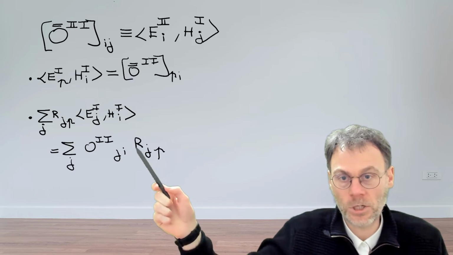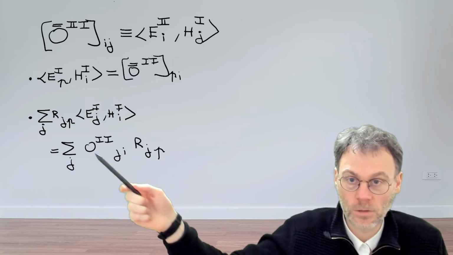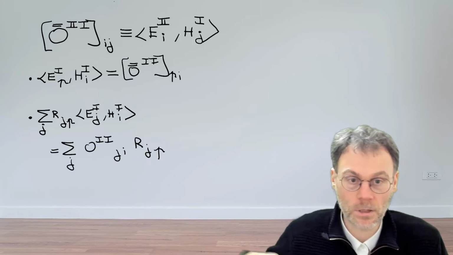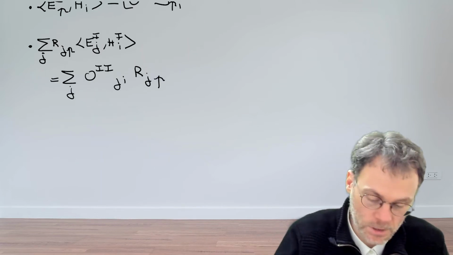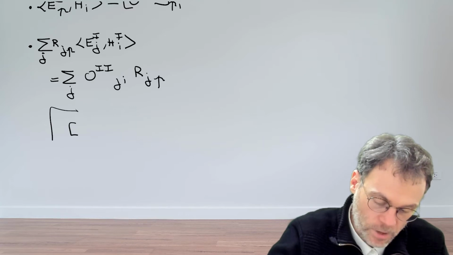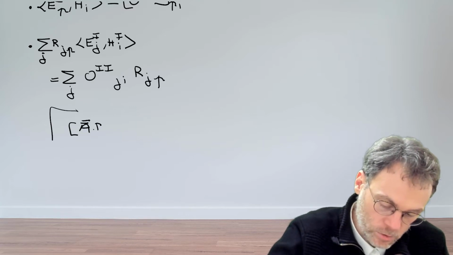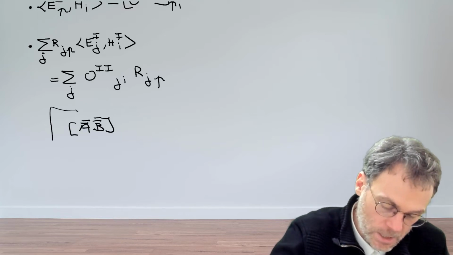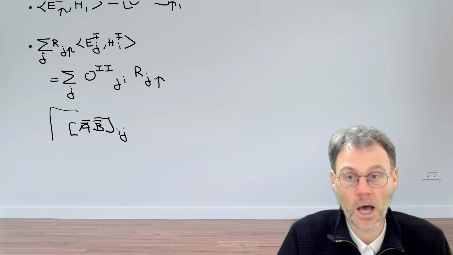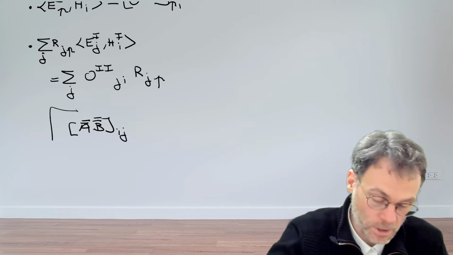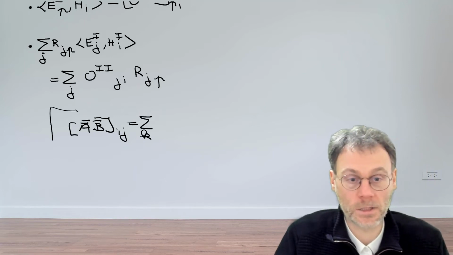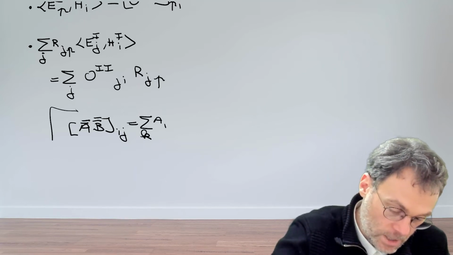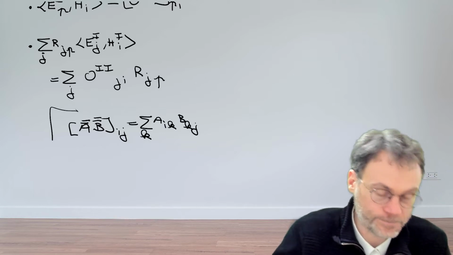This looks suspiciously like a multiplication between two matrices, but something is off. So let's have a look again at how we multiply matrices. Quick recap: if you have a matrix A, which you want to multiply by matrix B, and you're interested in the ijth element of that product, the way you do that is by having a summation over a summation index k of A_ik B_kj.